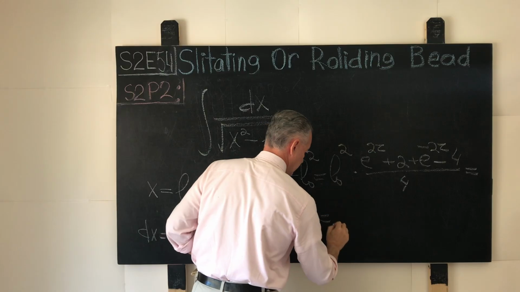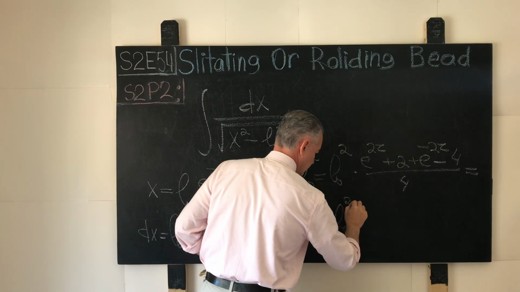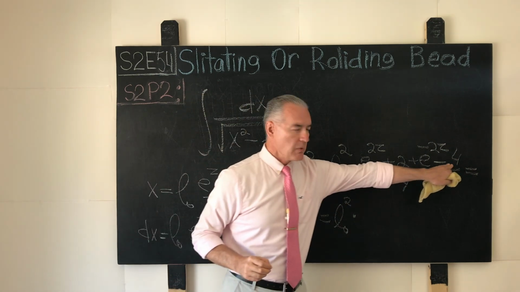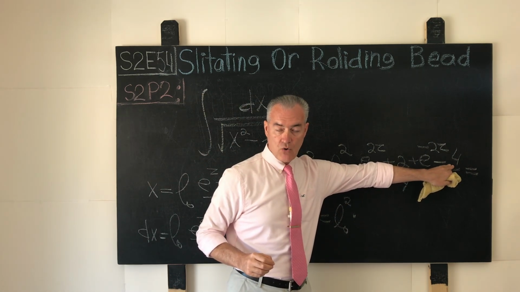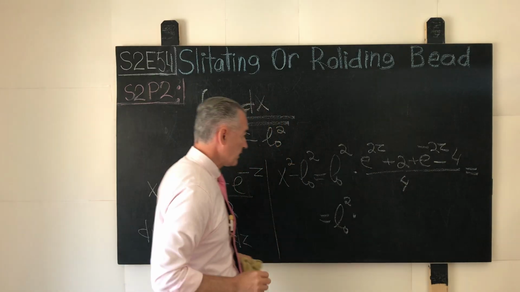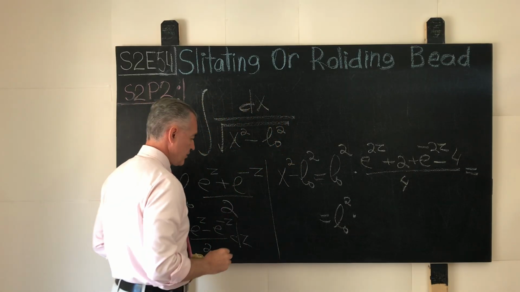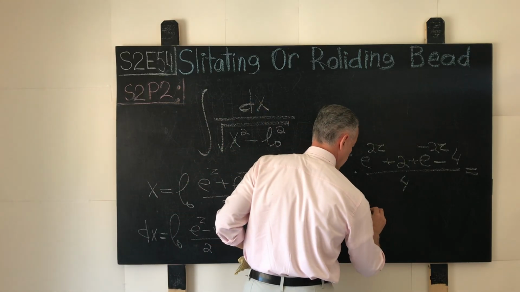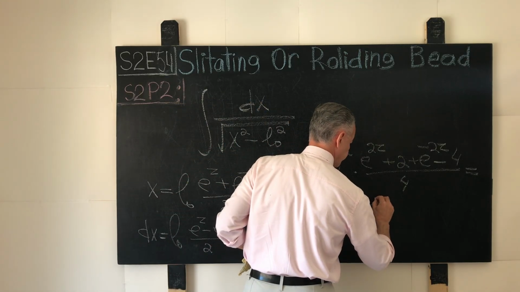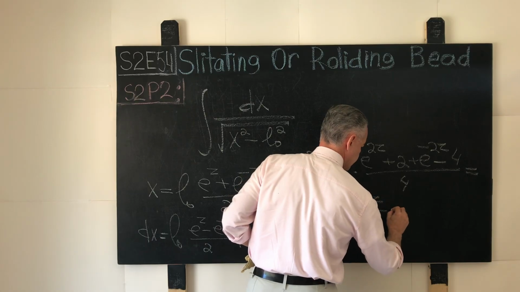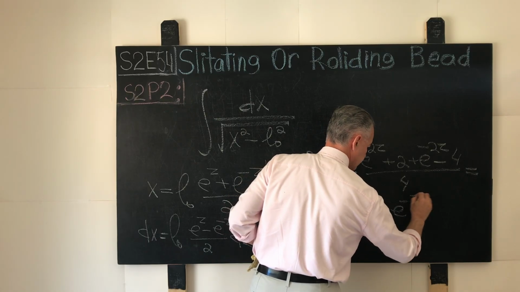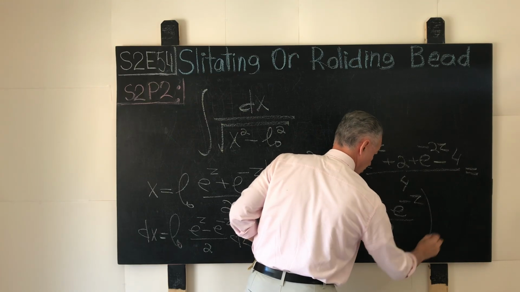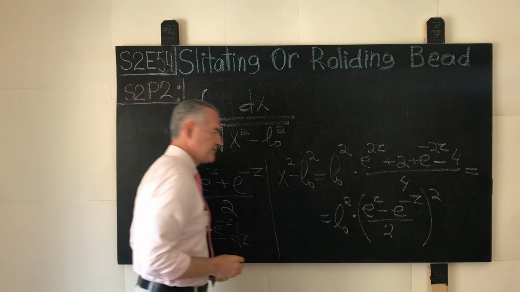We see that L0 squared comes out equal to what? Plus 2 minus 4, negative 2, and then that whole thing unfolds back into the difference that we see over here. In other words, we will have e to the power z minus e to the power minus z over 2, and that whole thing squared.